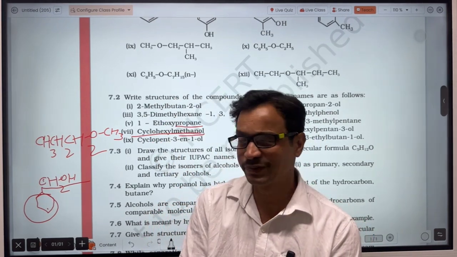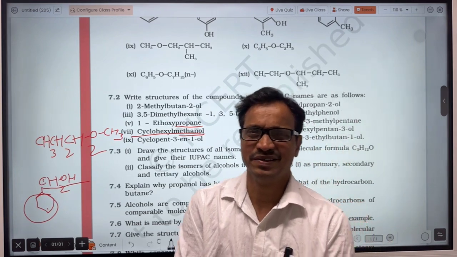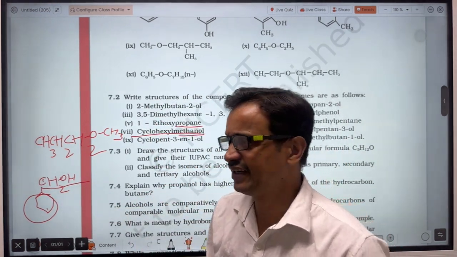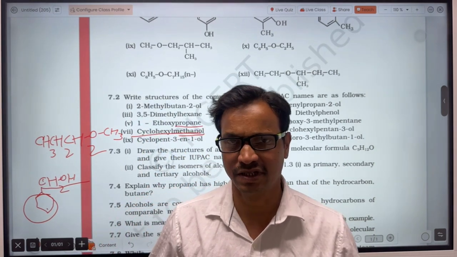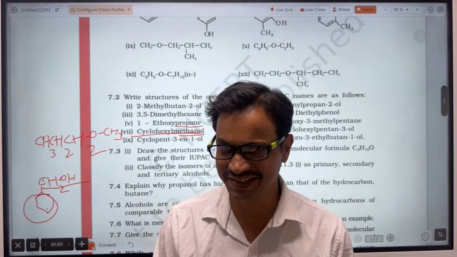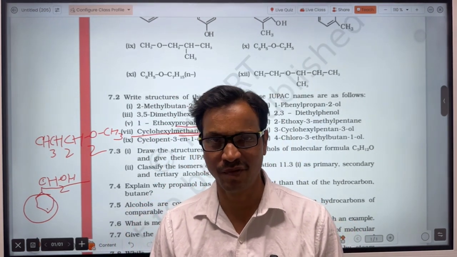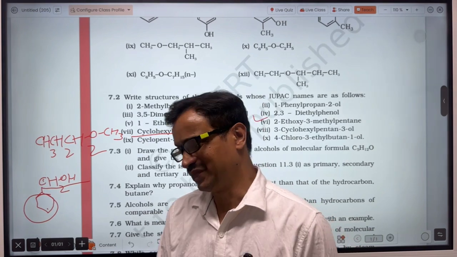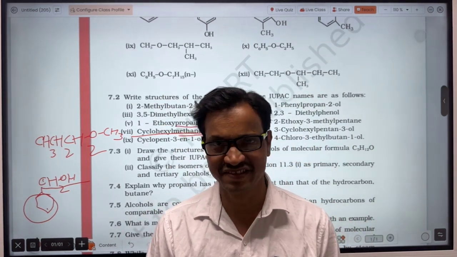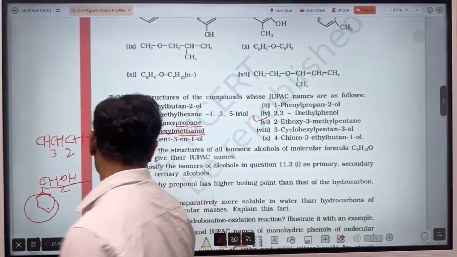In the 12th board examination you will have to write the name, so better you write 1-cyclohexylmethanol. And in NEET, IIT Main, Advanced, as well as CUET, since the questions will be in the form of options, there will be written 1-cyclohexylmethanol or simply cyclohexylmethanol. That will be the correct answer.